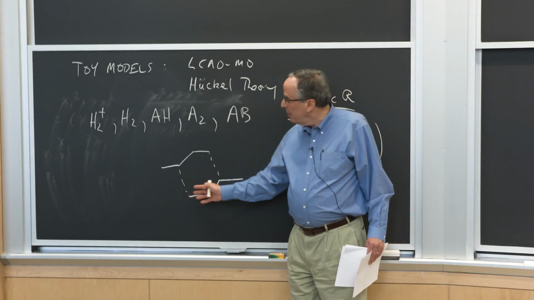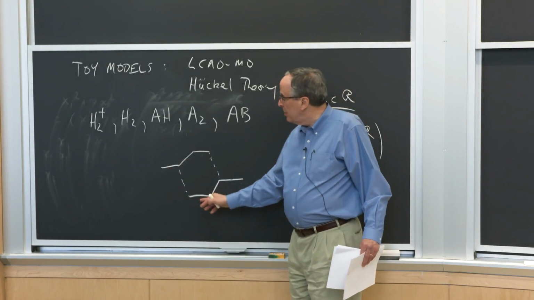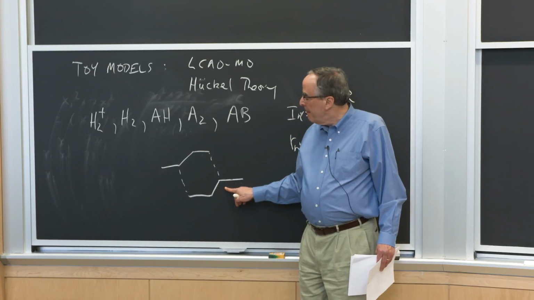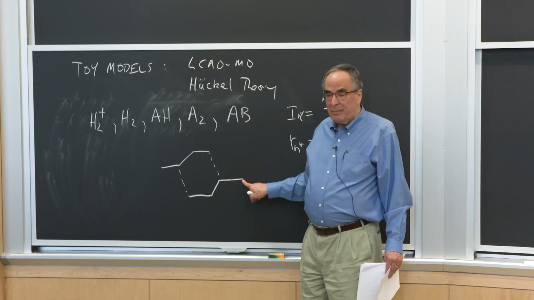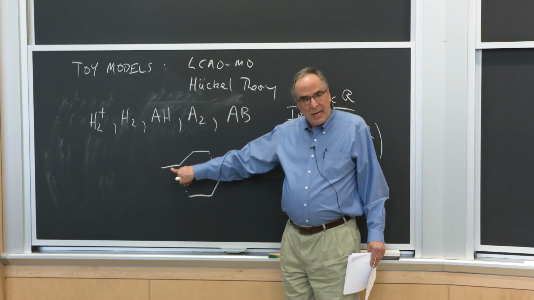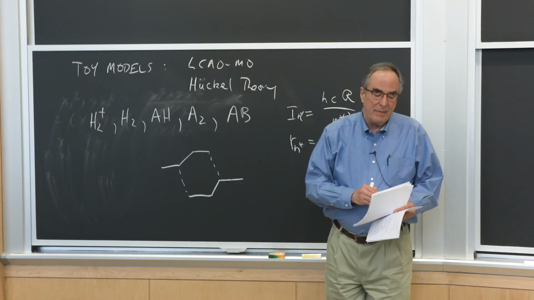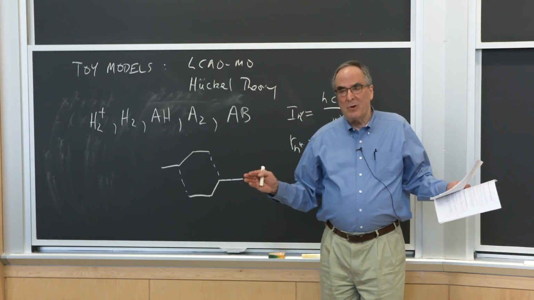And so you can say, yes, there's going to be two orbitals derived from these two states. And one is polarized towards this atom. The other is polarized towards that atom, and so you get the shape of the orbital.